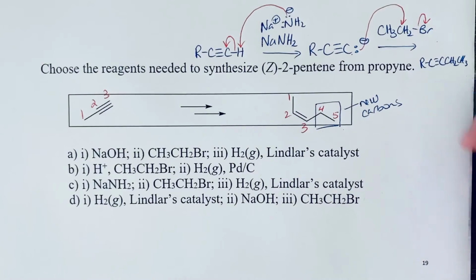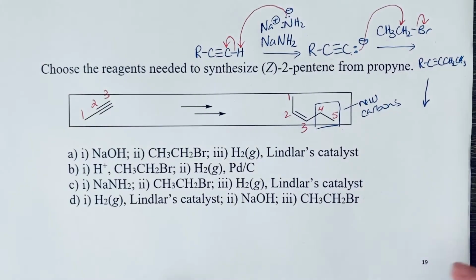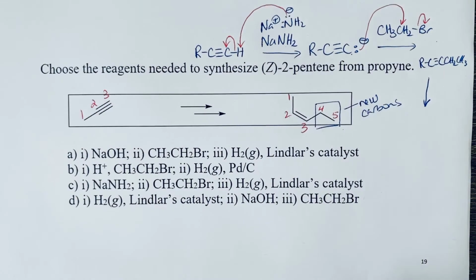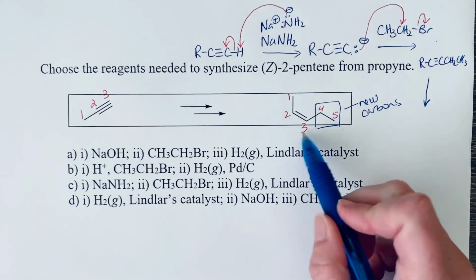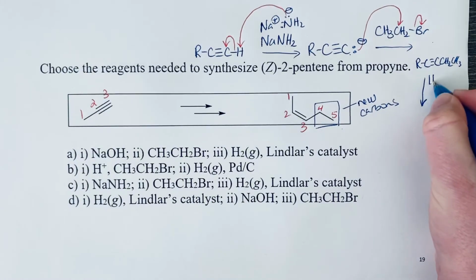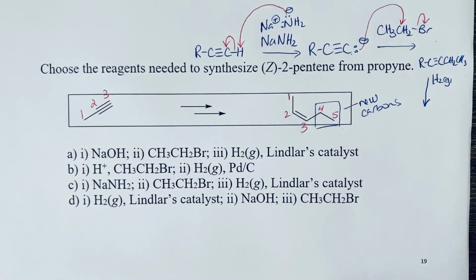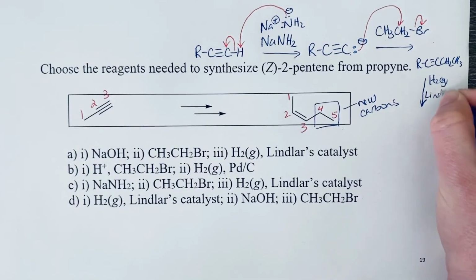And then if we want to take our alkyne and we specifically want to reduce it to give us the Z-alkene, then we need to use the poisoned metal catalyst that will add the 2 hydrogens from the same face of the alkyne and stop the reduction at the alkene stage. So that means we're using hydrogen gas, that's the source of the hydrogens that we're adding, and we're also going to use Lindlar's catalyst.